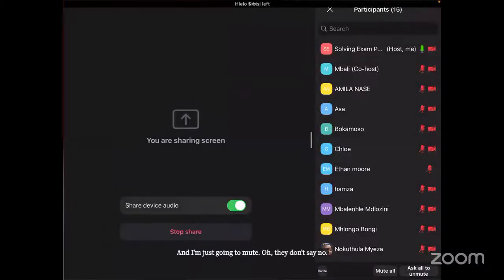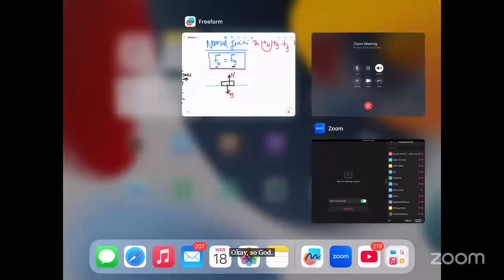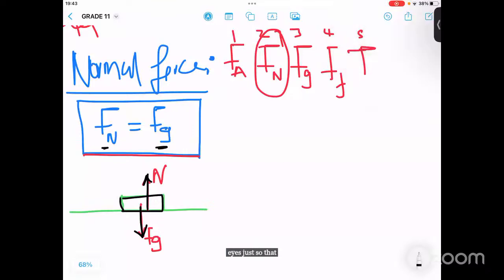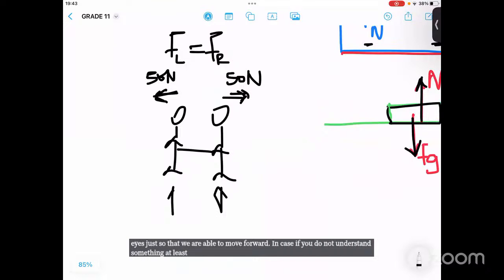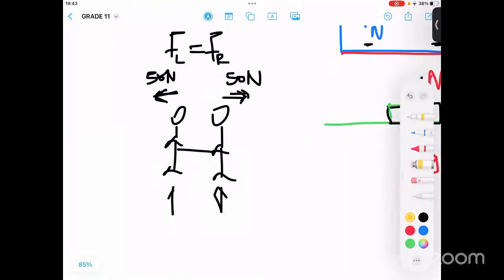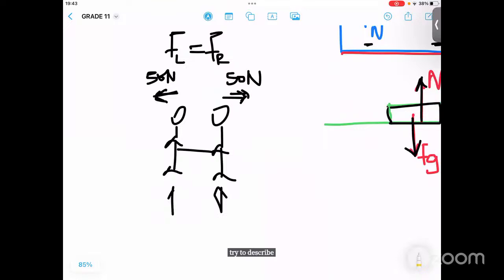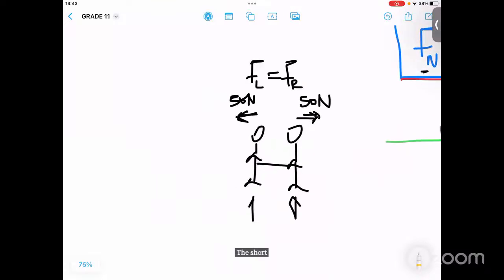Okay. So guys, just so that we are able to move forward, in case you do not understand something, at least try to describe what's confusing so that I'm also able to explain. Because if I have to re-explain this, I will still have to say the same thing, honorable member. The short part of it is that if you have a big brick there, you are standing this side and you are pushing this brick in that direction.